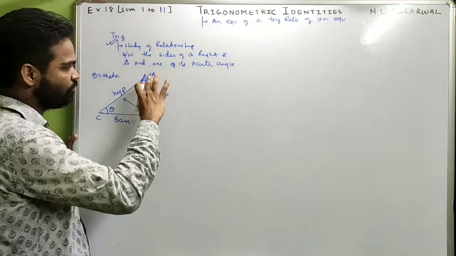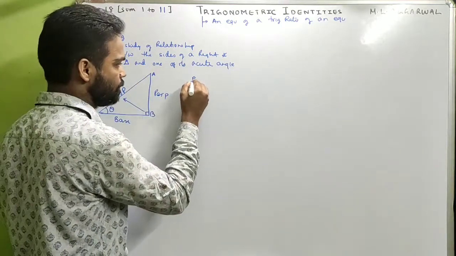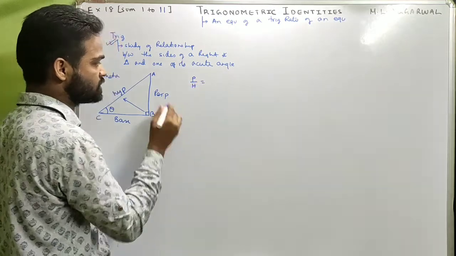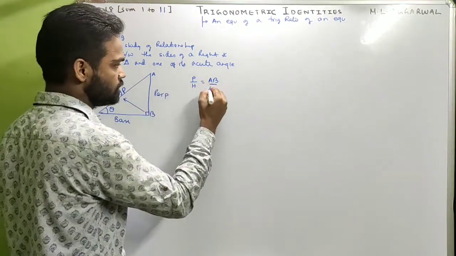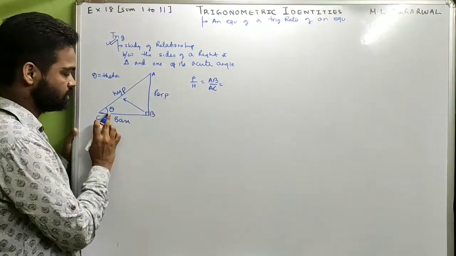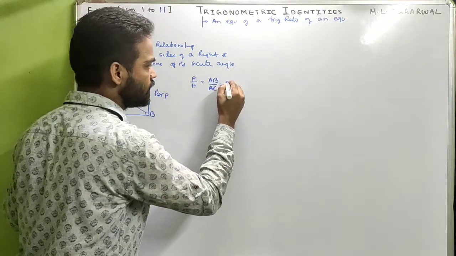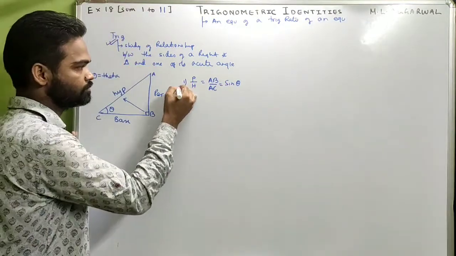So the ratio of perpendicular by hypotenuse, which in this case is AB by AC, is known as sine of theta, or the angle, and written as sin theta. Clear?